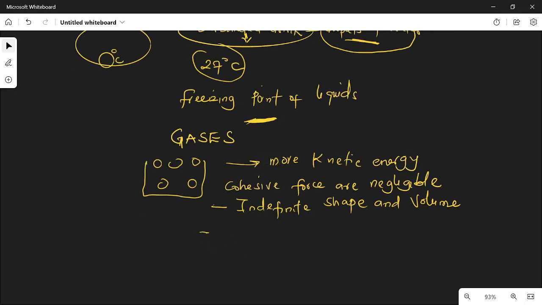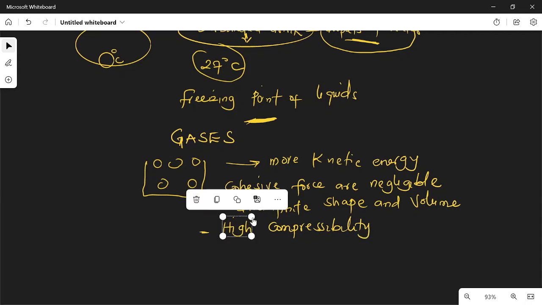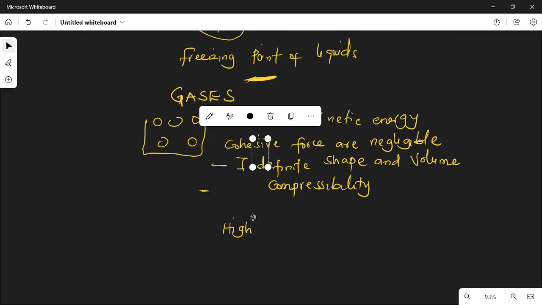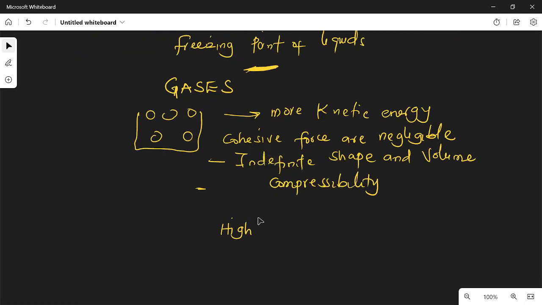They have high compressibility, so you can force them to occupy a place.